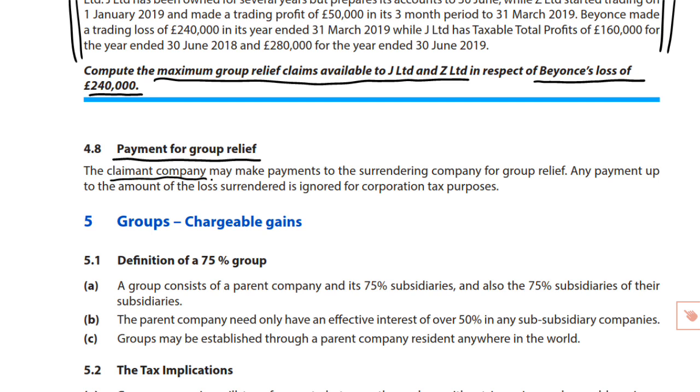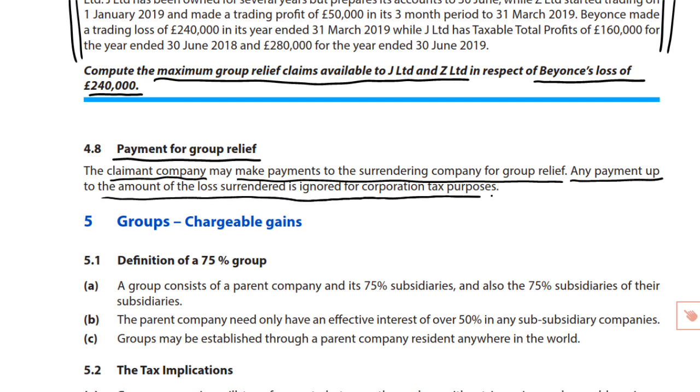It may be seen to be reasonable, therefore, that the claimant company may make payments to the surrendering company for the group relief. Now, any payment up to the amount of the loss surrendered is ignored for corporation tax purposes. Normally, of course, the amount involved would be the claimant company paying back the benefit of the tax saving that it achieved through using that group relief loss.